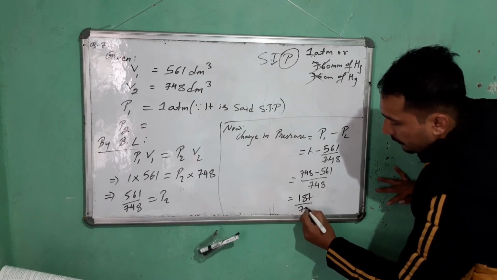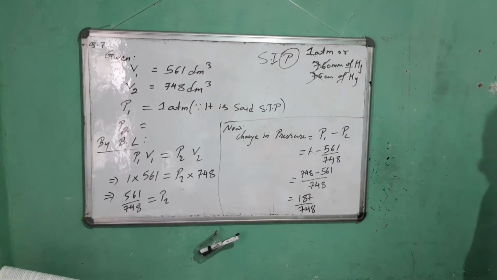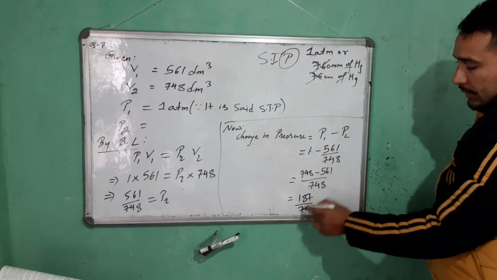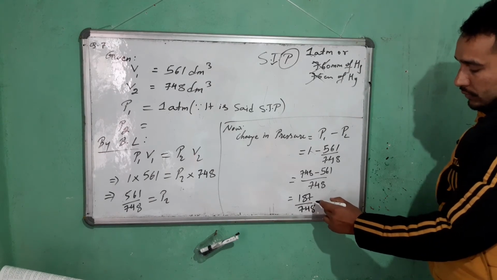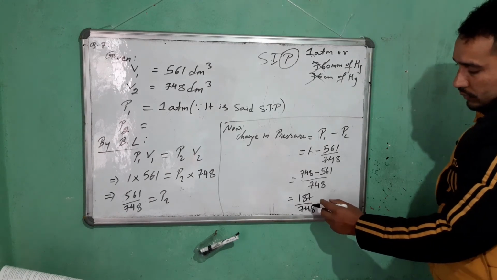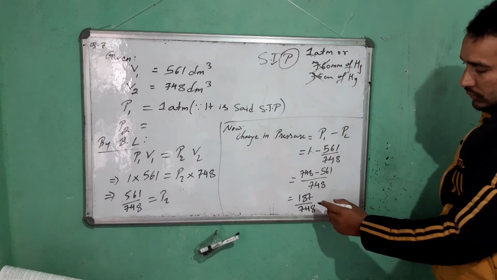So 187 divided by 748. Can you cancel this? 5 times, 6 times.